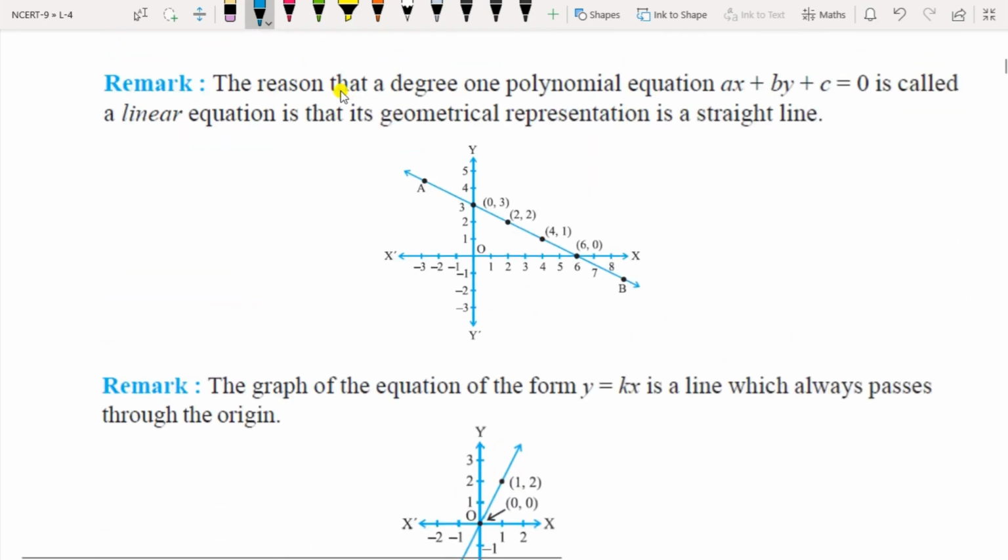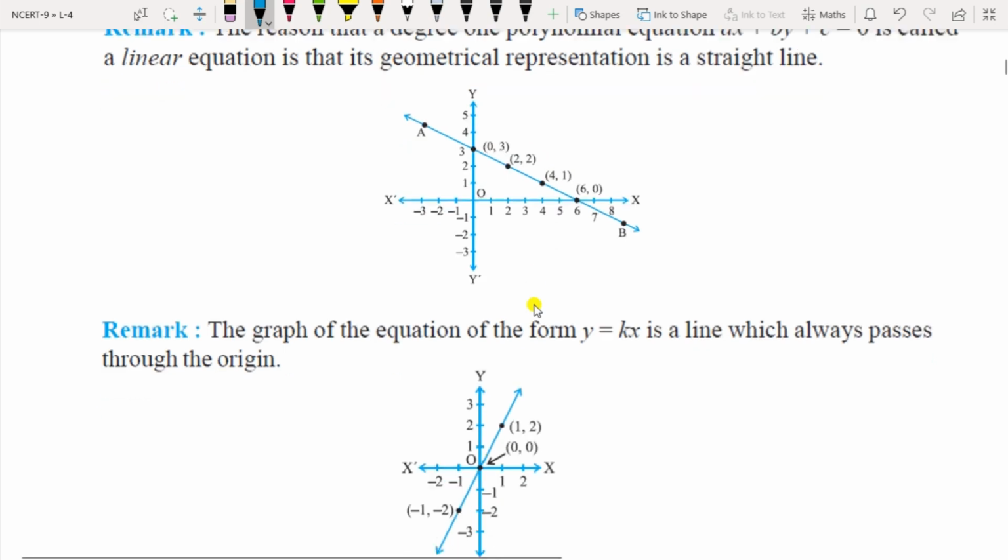So that is the first remark here. The reason that a degree 1 polynomial equation ax plus by plus c equal to 0 is called linear is that its geometrical representation is a straight line. The degree of x and y is 1 here, and it is called linear since if you draw it geometrically, it will give you a straight line.